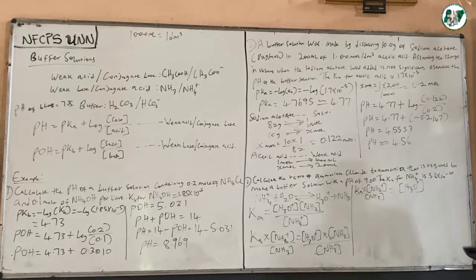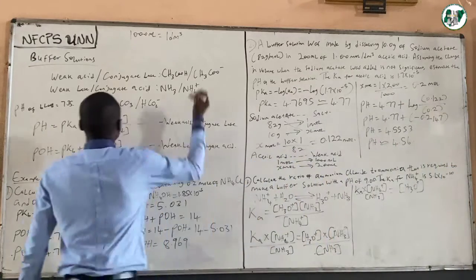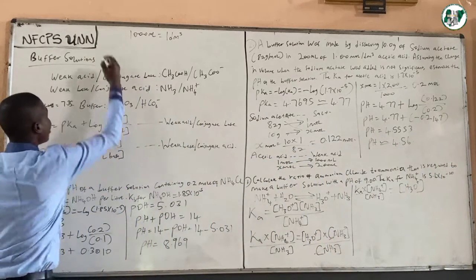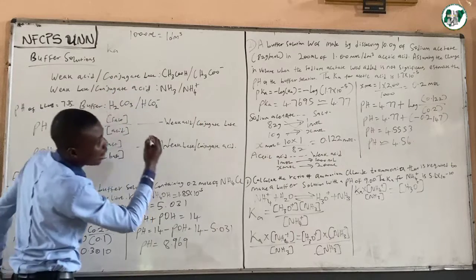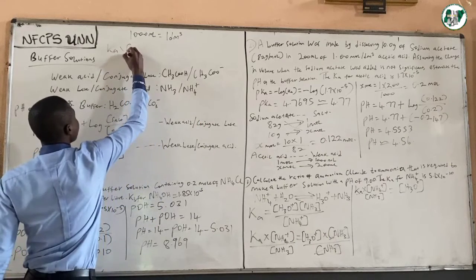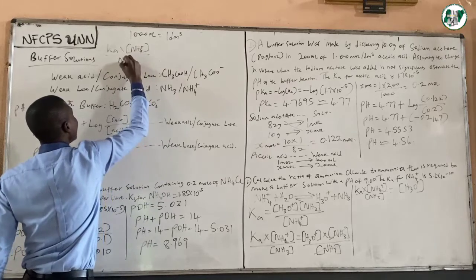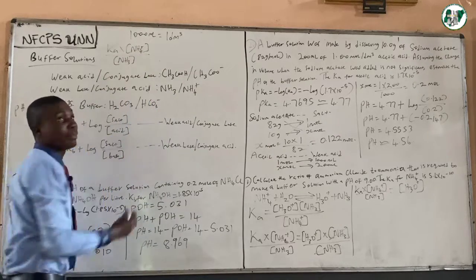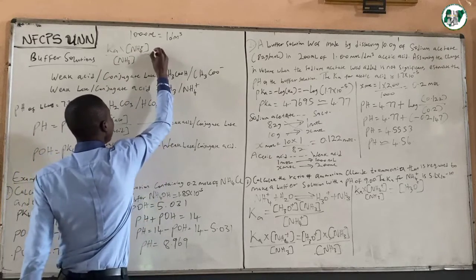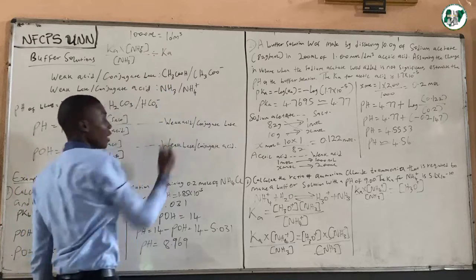Let me do the calculation so you don't get confused at that point. So Ka times NH4+ divided by NH3. We want to divide by Ka, so we divide by Ka.